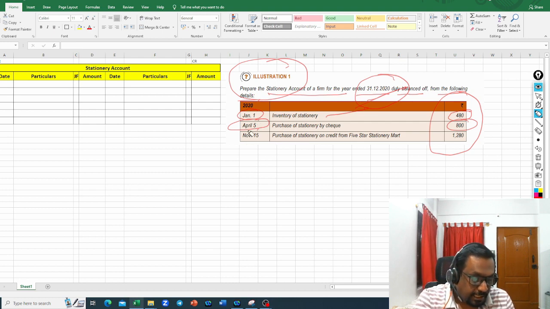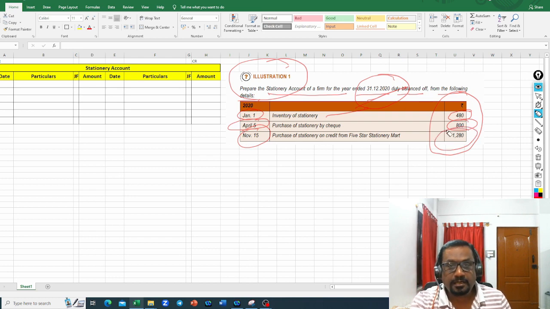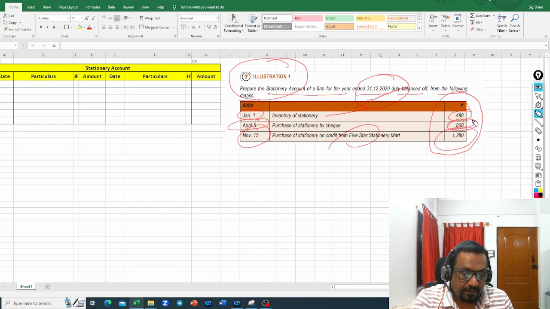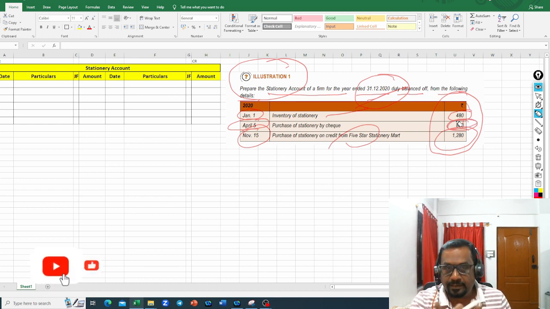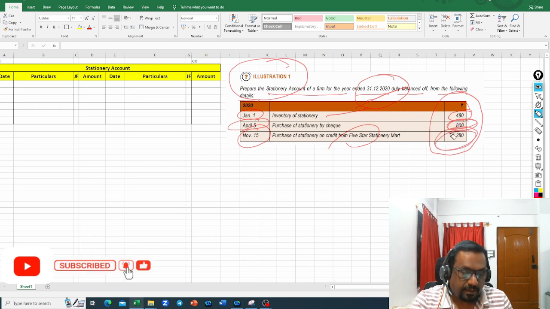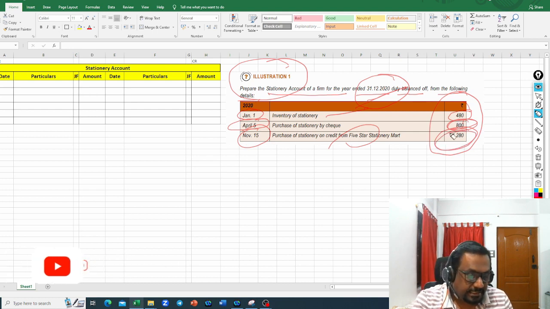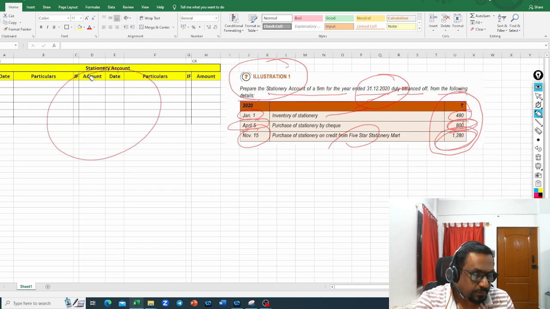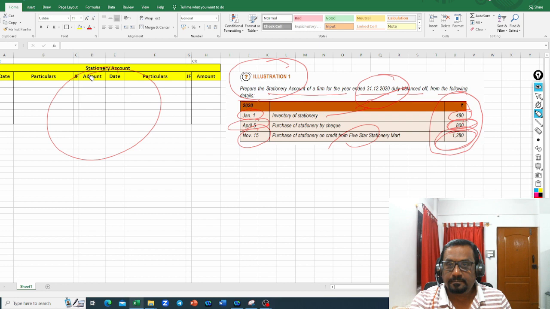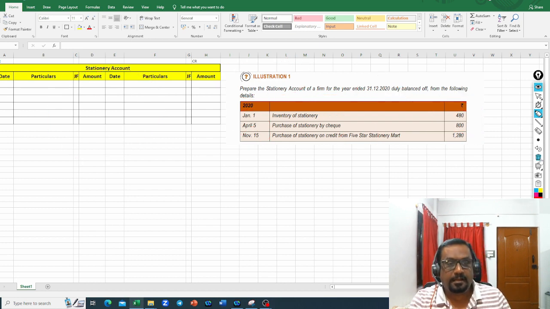And they also said November 15th, they purchased 1200 worth of stationery from 5-star stationery mart for credit. This they purchased by giving the check, and this they purchased for credit. So these three transactions we need to enter in this account, and prepare the balance. Are you clear? Let me take you through this now.